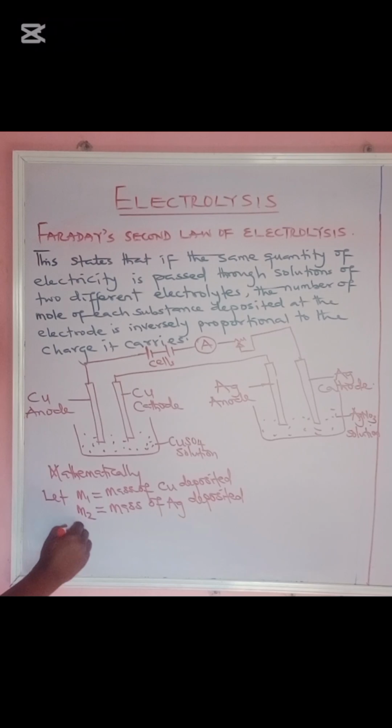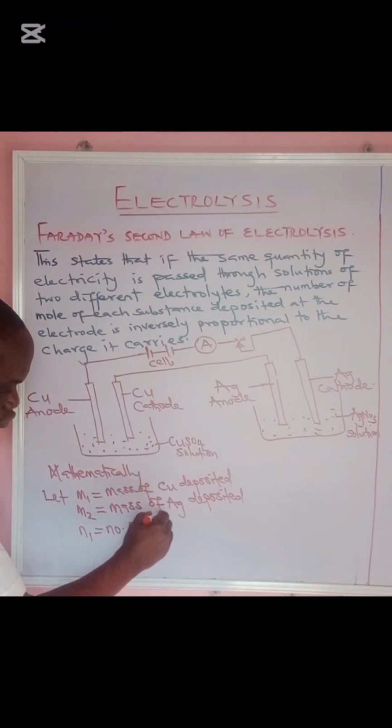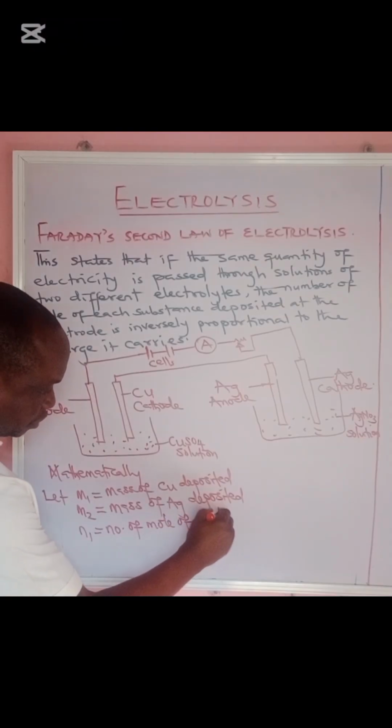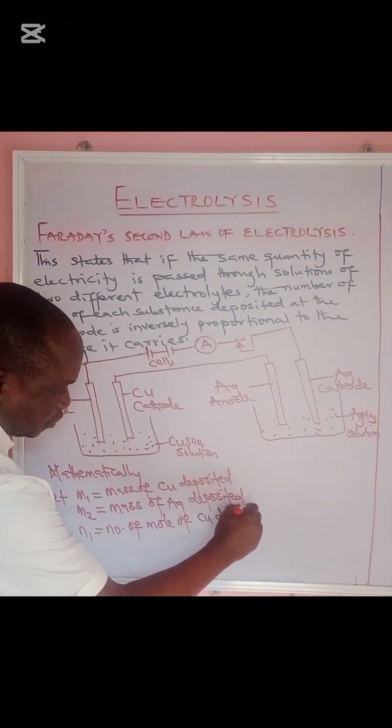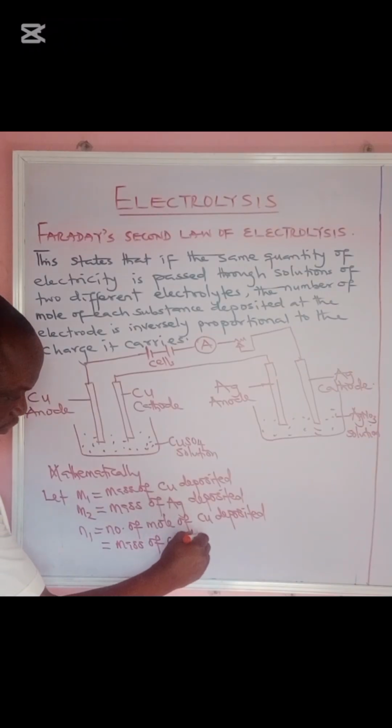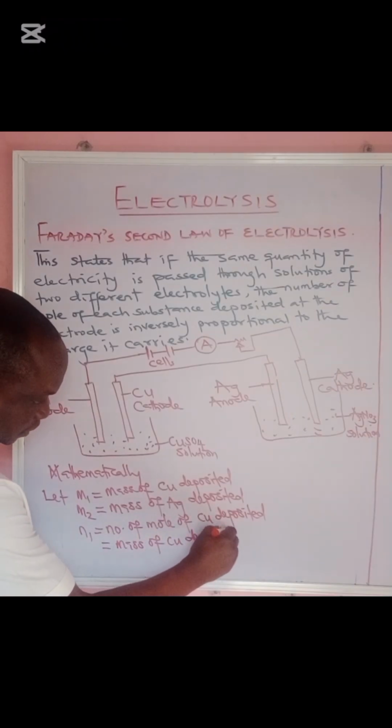And let N1 be the number of mole of copper deposited. And remember, number of mole is always mass deposited all over atomic mass.